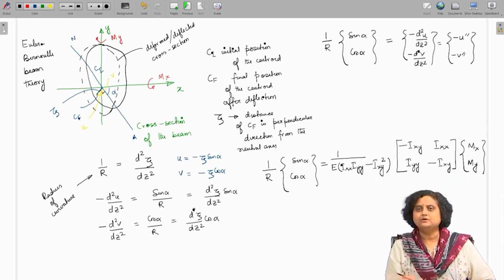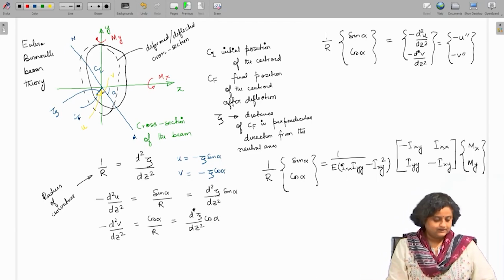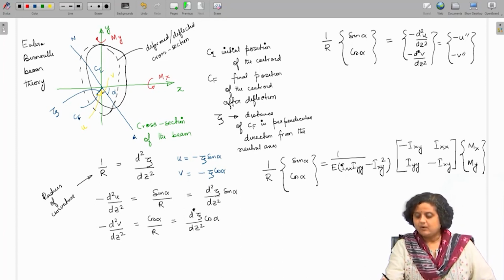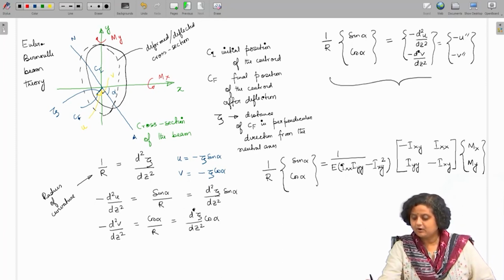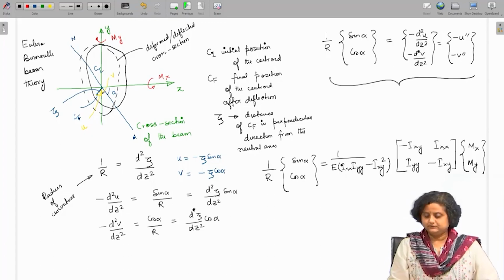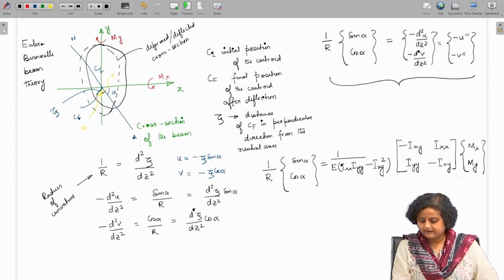This expression we have derived earlier. Now, 1 by r sin alpha cos alpha is related in this way, so this can therefore be written as u double dash, v double dash is minus 1 by E.